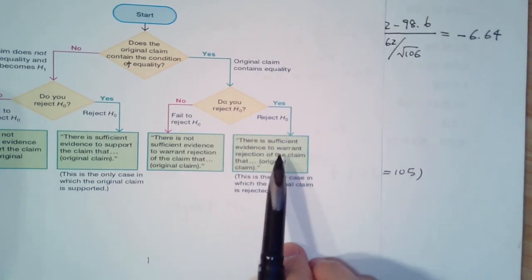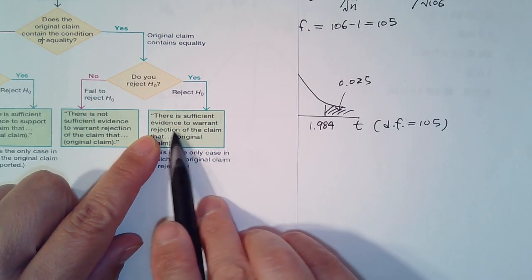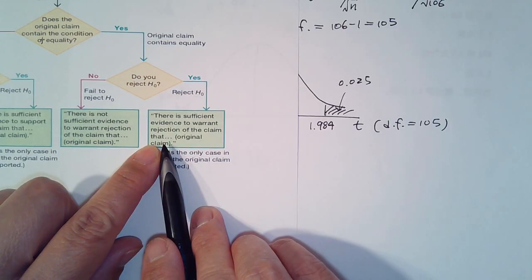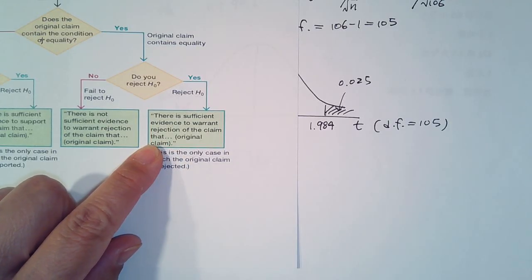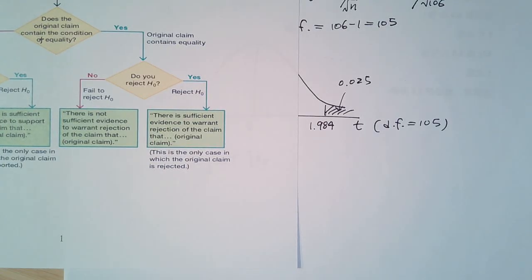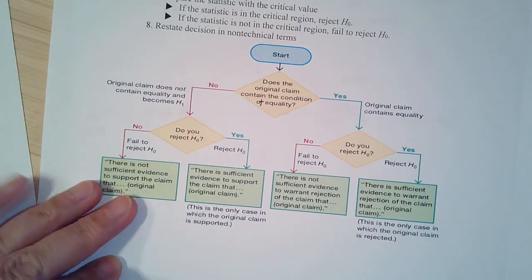So we reject H0. So we're going to answer the question: there is sufficient evidence to warrant rejection of the claim that the common belief, the population body temperature mean, is 98.6. Again, I'm not writing all the words here. As long as you have this review sheet with you, then you're okay. You can just do it.